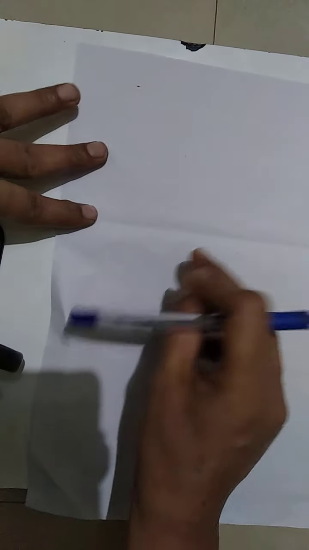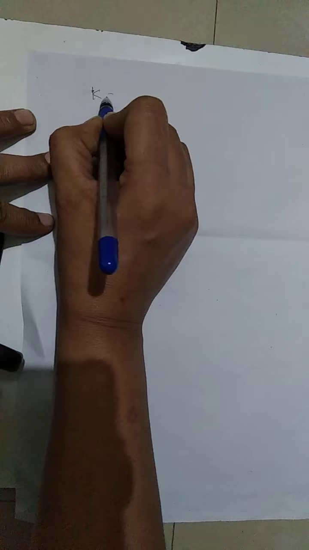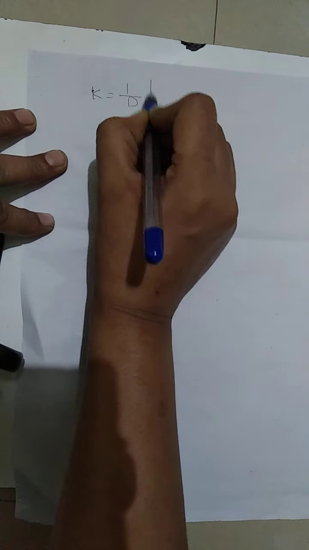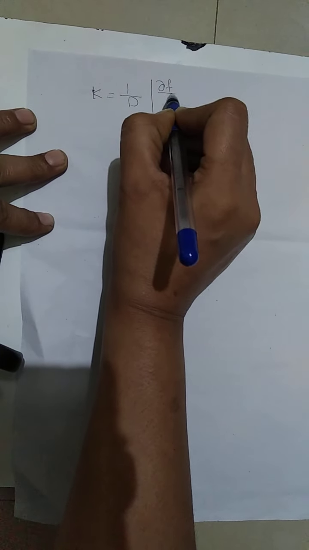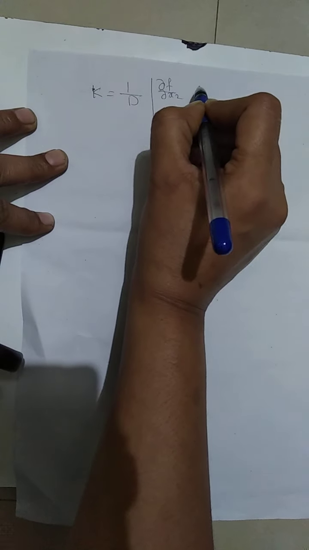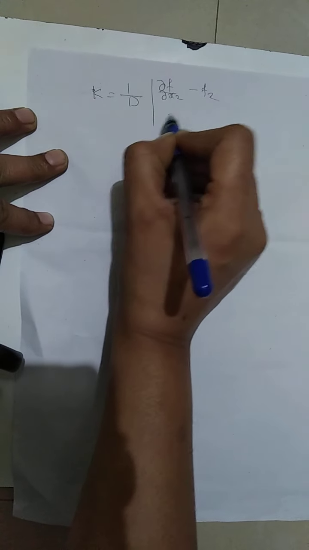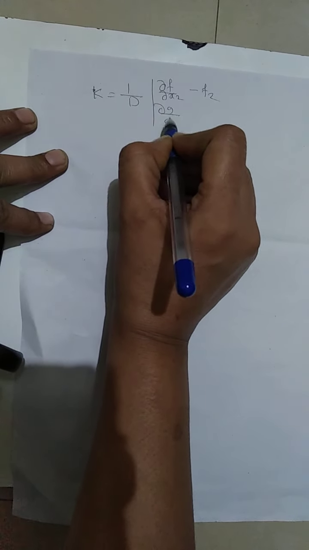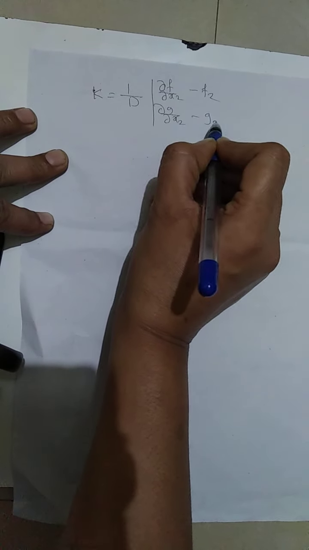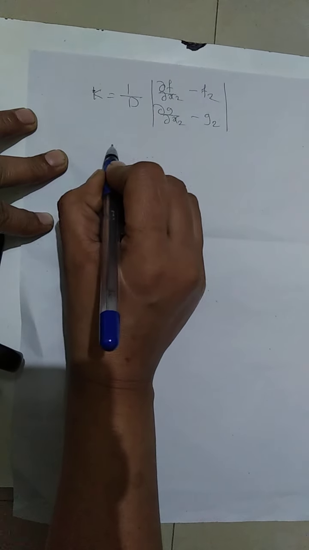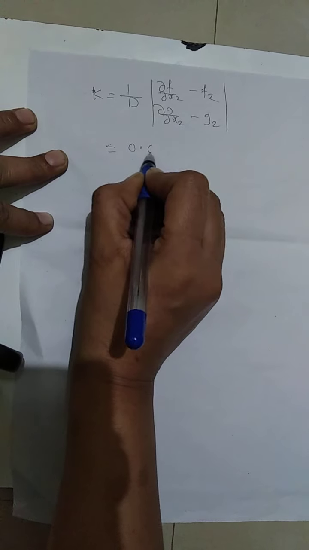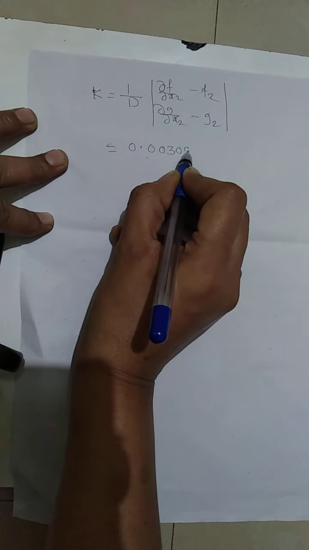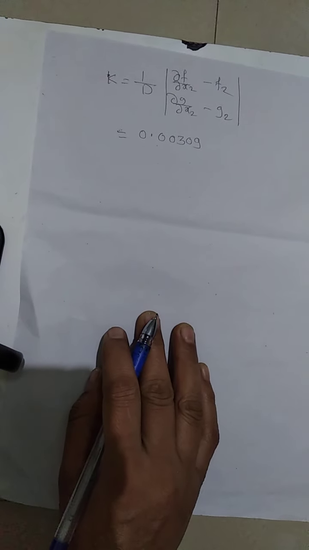Then find again K, and K is equal to 1 upon D into del F upon del X2 minus F2 and del G upon del X2 minus G2. After putting, this value is equal to 0.00309.